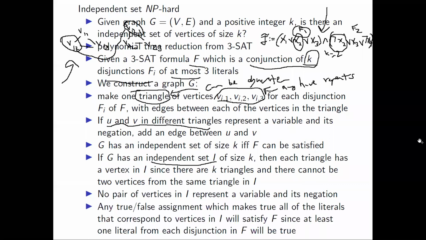So that means that if we take any true-false assignment which makes all the literals true that correspond to the vertices in I, because remember, all the vertices in the graph that we constructed correspond to some literals.